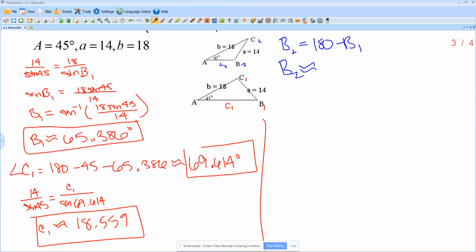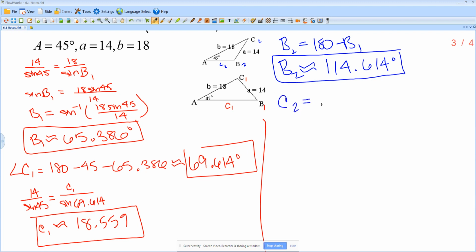So b sub 2 is approximately 114.614 degrees. And again, just thinking about this, 114 plus 45 is going to give me 159. So this angle can exist, which means there definitely is a second triangle. If it was something larger than 180 when I added these two, there'd be an issue.